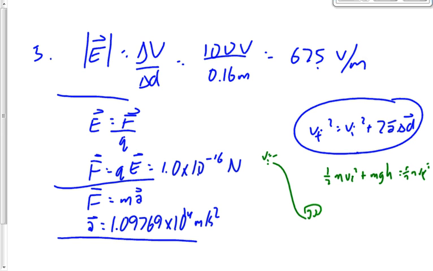Let's multiply every term by 2 and cancel out the mass. We're left with VI squared plus GH equals VF squared. VF squared is equal to VI squared plus, whoops, forgot to multiply that by 2, plus 2 times GH.